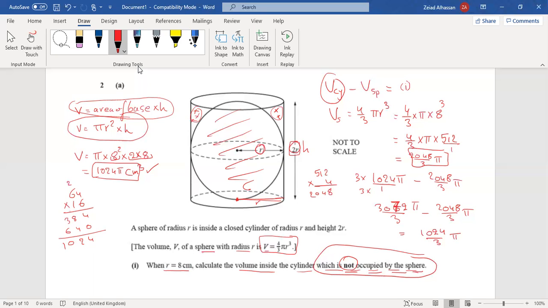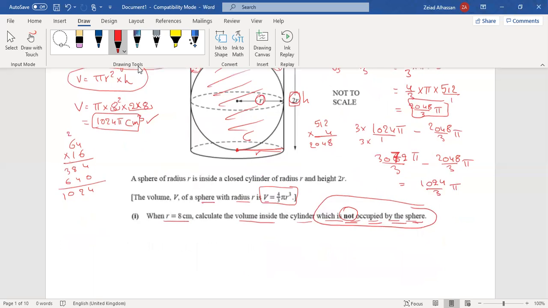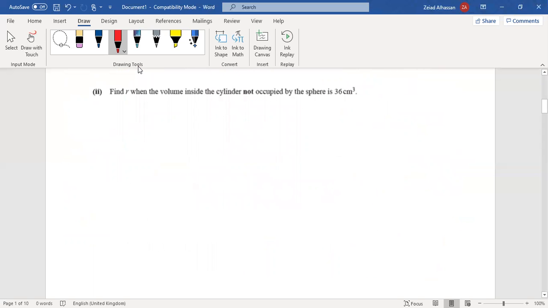Okay, so let's continue. Find r when the volume inside the cylinder not occupied by the sphere is 36 centimeter cubed. We know that to calculate the not occupied volume, volume of cylinder minus volume of sphere equals 36.